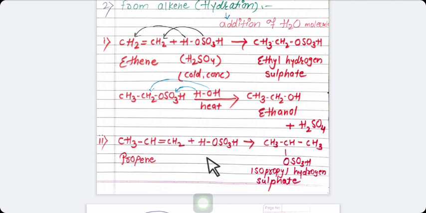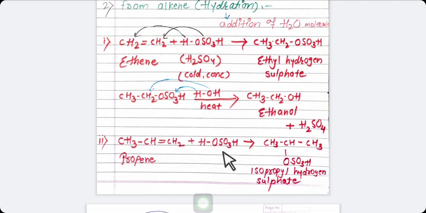Now we are taking here propene. It is an unsymmetrical alkene because on both sides of the double bond the alkyl groups are different. Again it reacts with cold concentrated sulfuric acid.